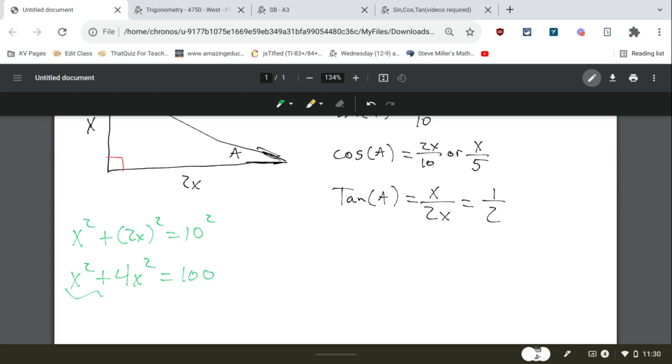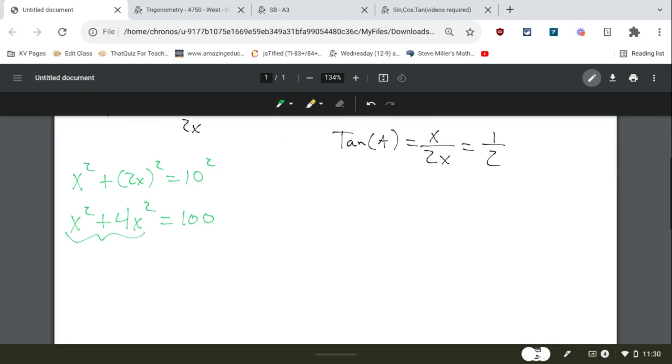You can go ahead and combine these to get 5x squared equals 100. We'll divide by 5. So 100 divided by 5 is equal to 20.